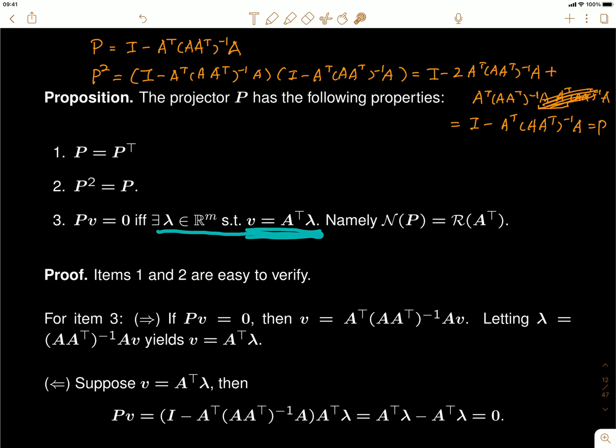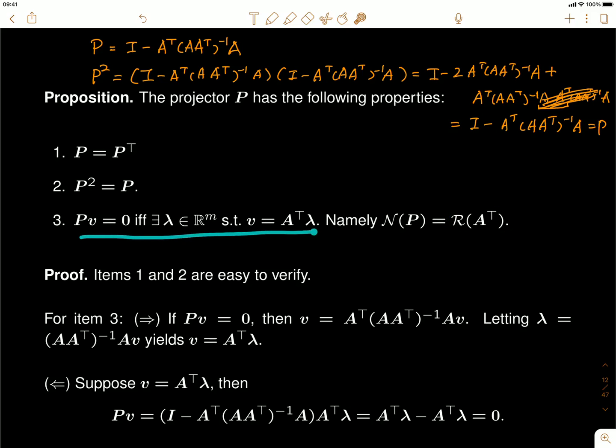Okay, it's in the range of A transpose, meaning, so A is like that, right? So the A transpose is like that. If your V can be written as A transpose times some lambda vector here, that means V is in the column space of A transpose, or V is in the row space of A. Okay, but in either case, we know that it's somewhere here.